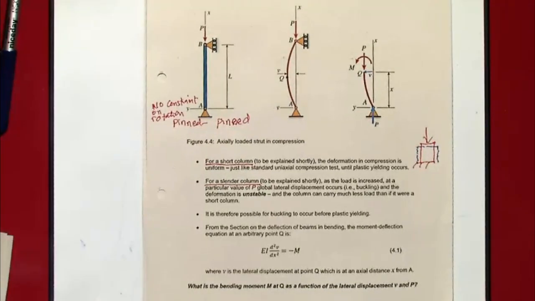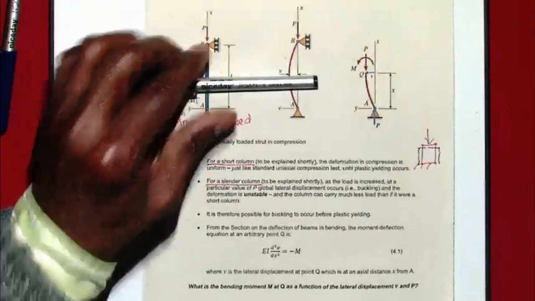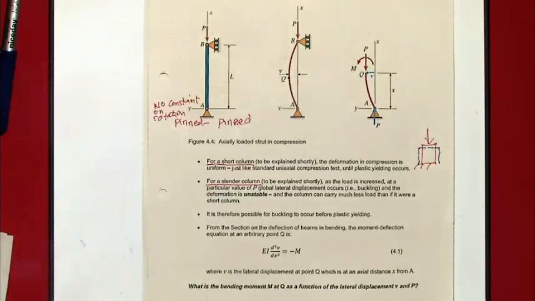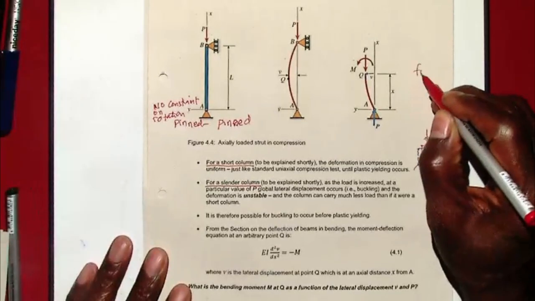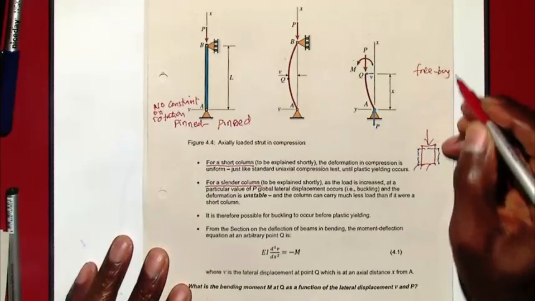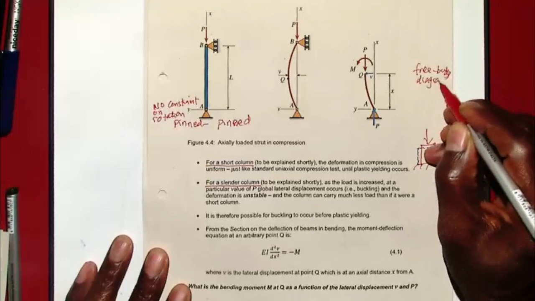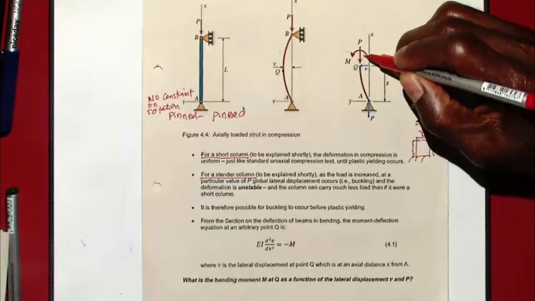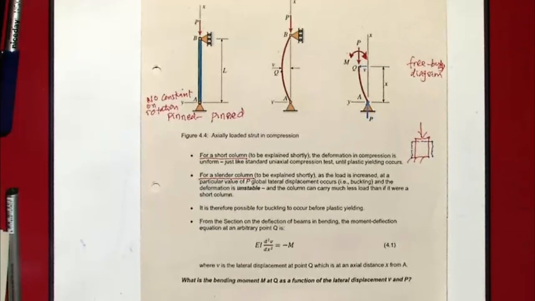So if we were to make a cut right there and look at what happened to the reduced structure, this is like our free body diagram. Can I just change that? That is the wrong direction. The direction of the moment should be that way.